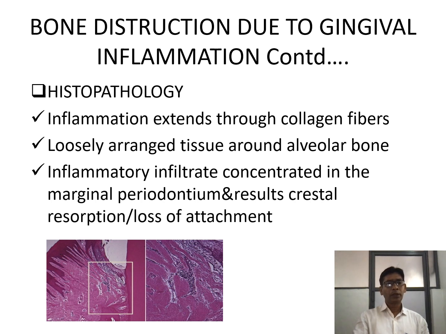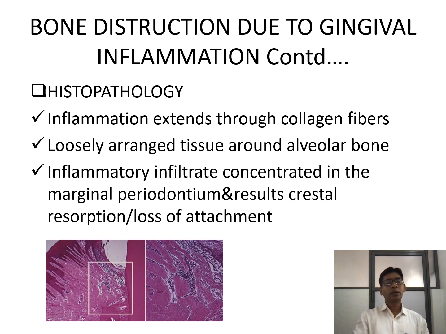Now, when the neutrophils try to engulf the bacteria, there will be a mechanism, as you all know, the phagocytic activity. Because of this phagocytic activity, the microorganisms get attached to the neutrophils and they try to destroy the periodontal pathogenic bacteria.